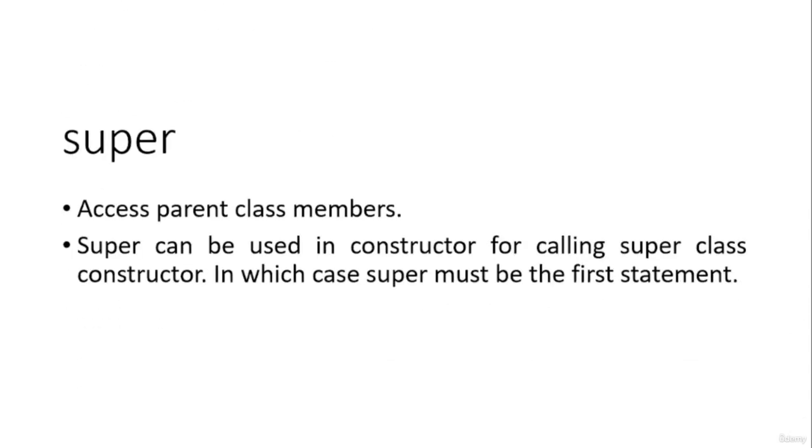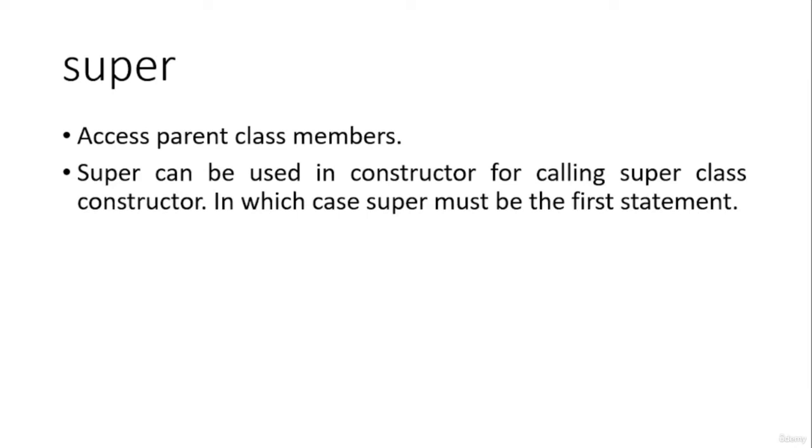Now let us discuss the next keyword, which is the super keyword. The super keyword is used to access the superclass methods. So if in a subclass, a child class, you want to access a method of the parent class, you write super dot followed by the method name to invoke the superclass's method.